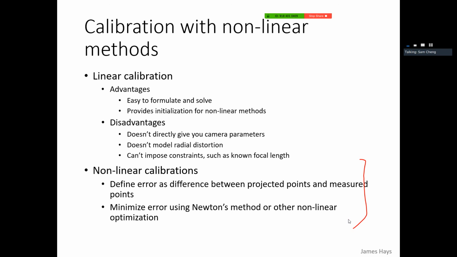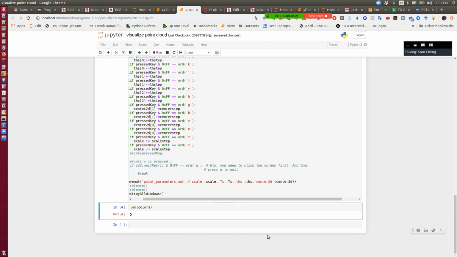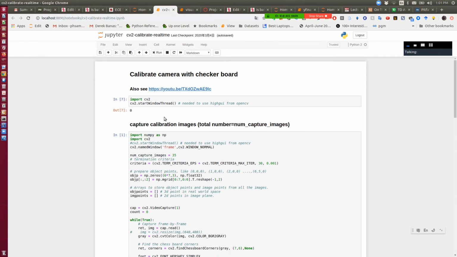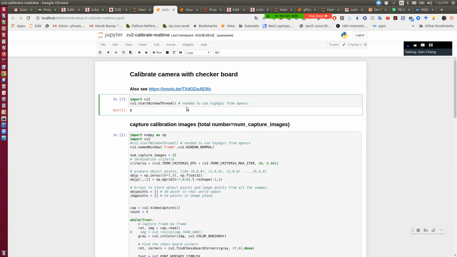Let me also do a demo for this calibration here. Actually, you can find the code. I can share the code as well, but this is just something we are running from the OpenCV tutorial.